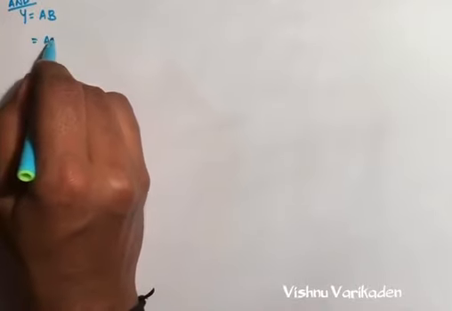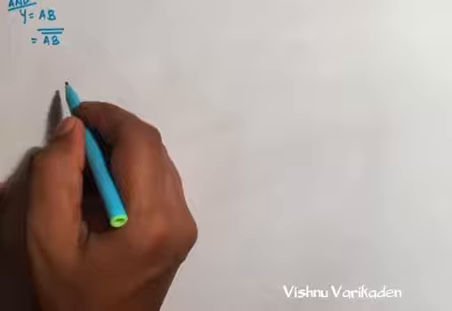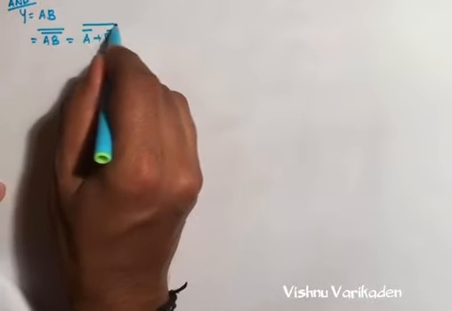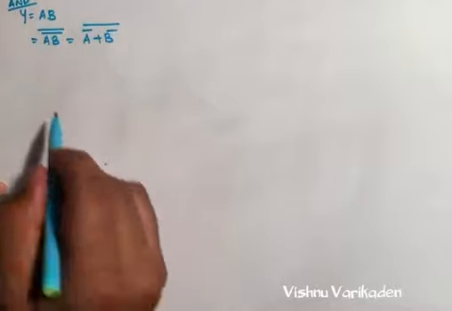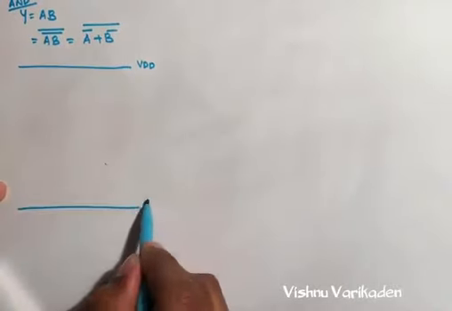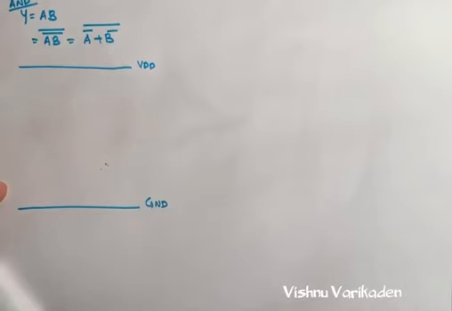So we can apply De Morgan's: AB double bar is equal to A bar plus B bar, whole bar. So we can make this. There is a VDD here, there is a ground here. So we can make the A bar plus B bar. So the plus operator is coming.